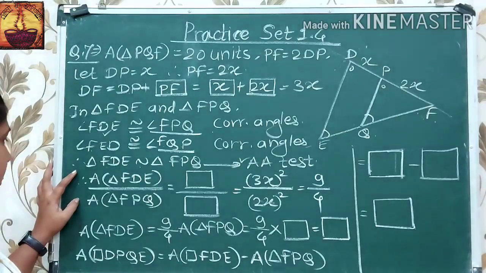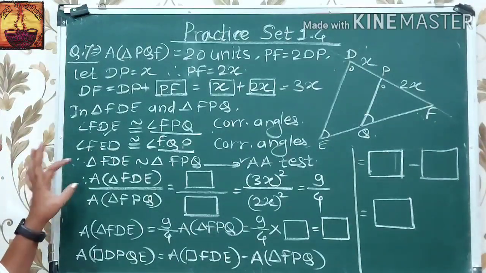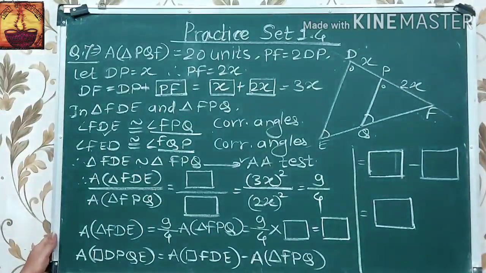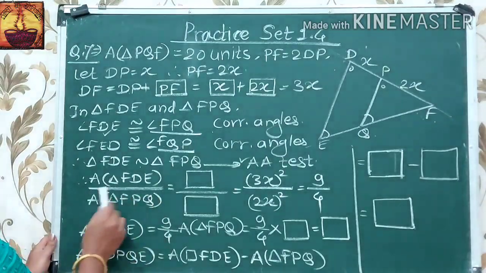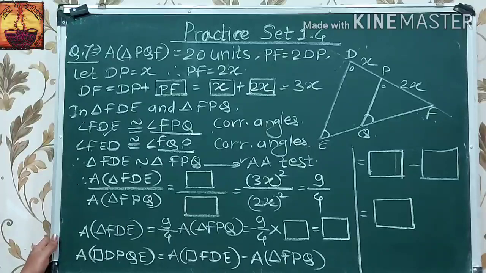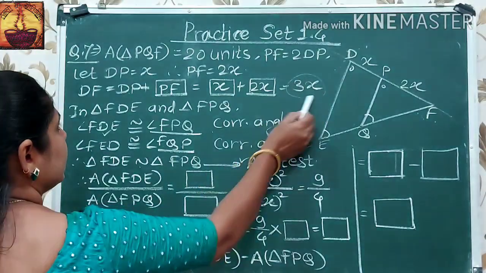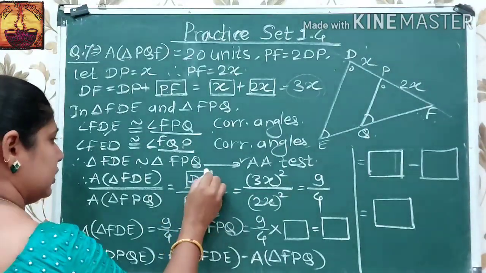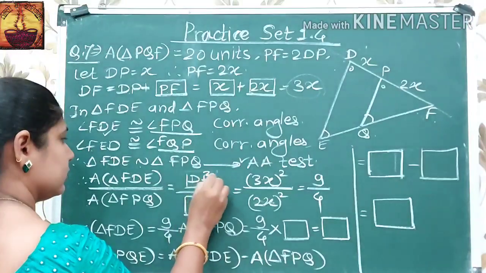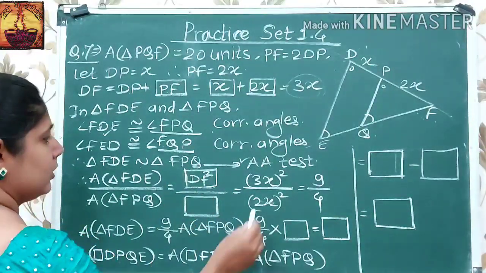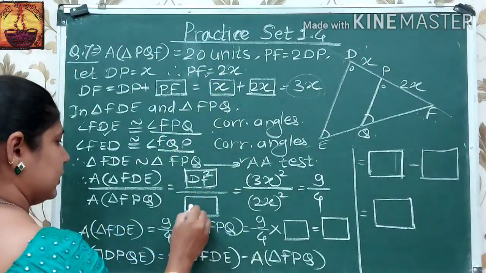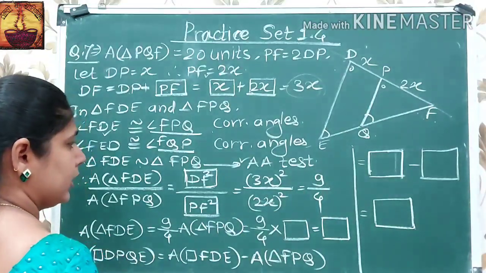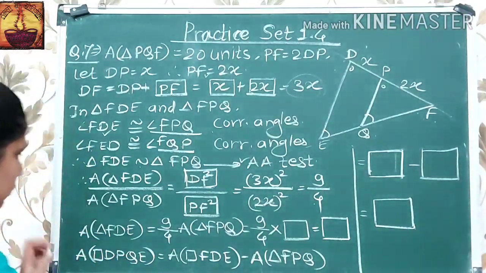Now the ratio of areas of these two similar triangles is equal to the ratio of squares of their corresponding sides. Therefore area of triangle FDE upon area of triangle FPQ is equal to DF square upon PF square, that is 3x square upon 2x square, which is 9 upon 4.